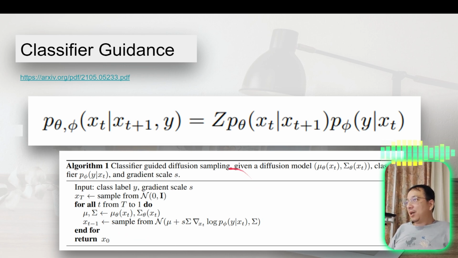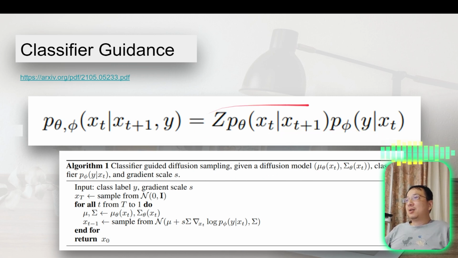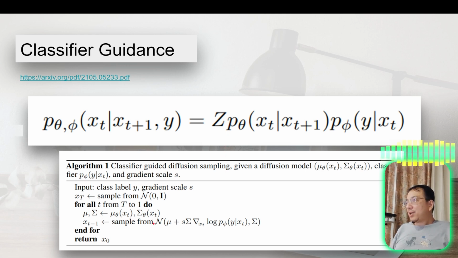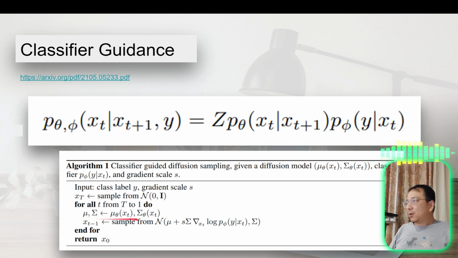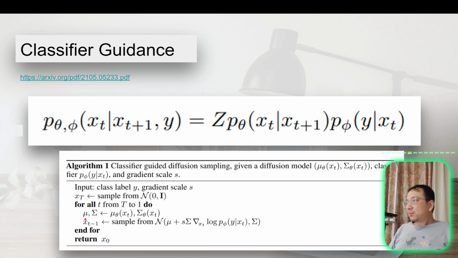You can see the algorithm here. We don't need to retrain anything. Suppose we already have the classifier and the diffusion model, then we can do the classifier guidance method. Here our sampling is modified from the original denoising diffusion model. As in the usual unconditional denoising process, we get our mu and sigma.